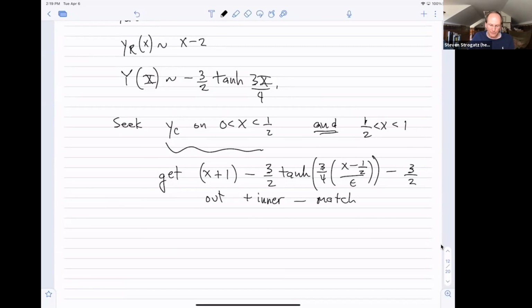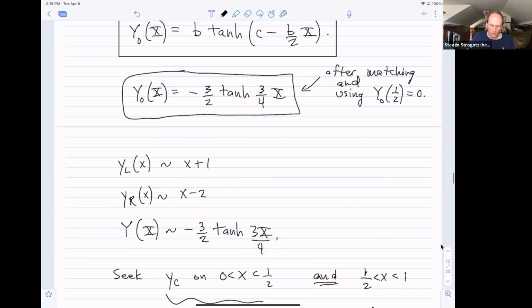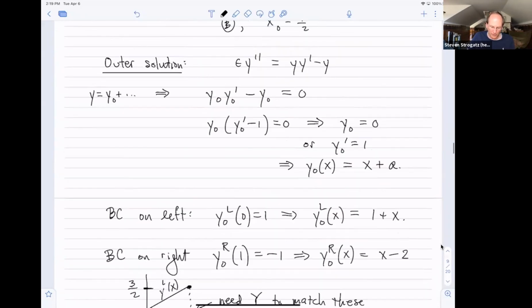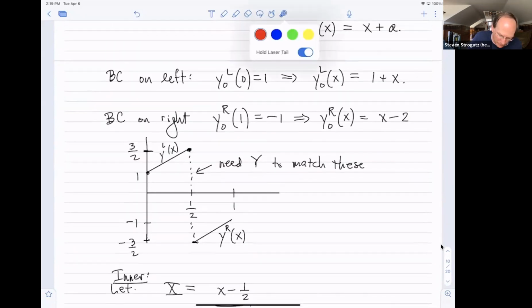The match is 3/2 because, I mean, all these 3/2 are coming from this picture where this point was 3/2 right here.